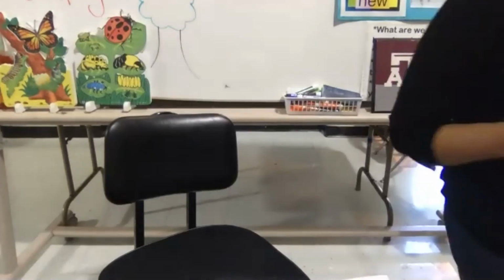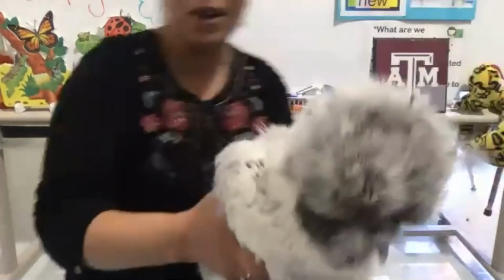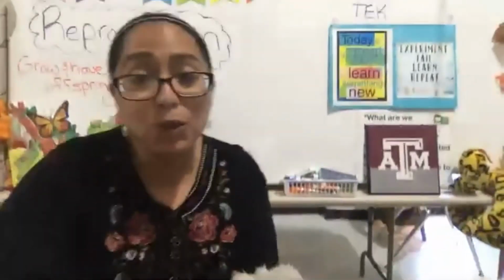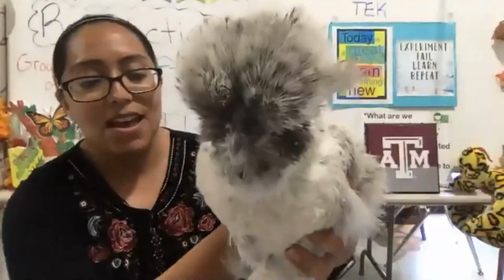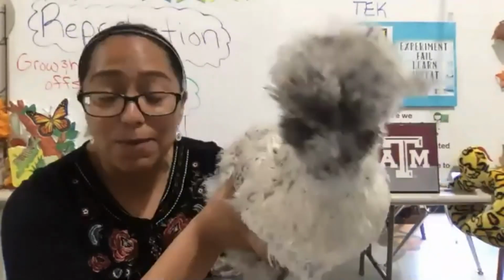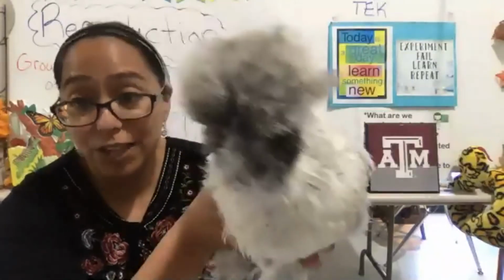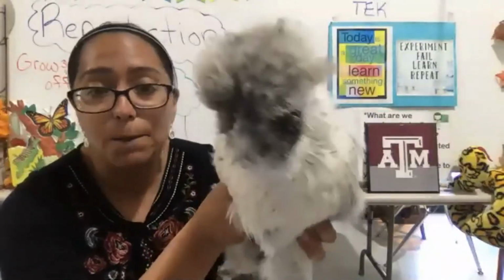I have another animal I'm going to show you guys. This is Pepper. Pepper is a blue silky chicken. The rabbit was an animal called a mammal because the rabbit had hair or fur. Pepper, on the other hand, has feathers, and so we know that she is a bird.